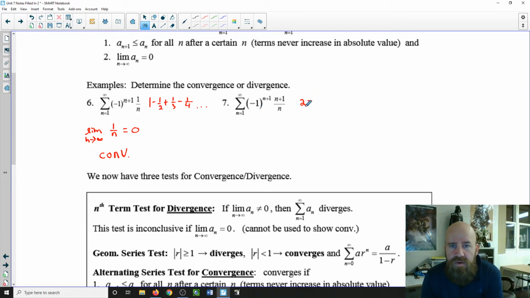So plugging in 2, we get 3 over 2. We're going to get positive 4 over 3. And negative 5 over 4. Okay, so first couple terms laid out here.